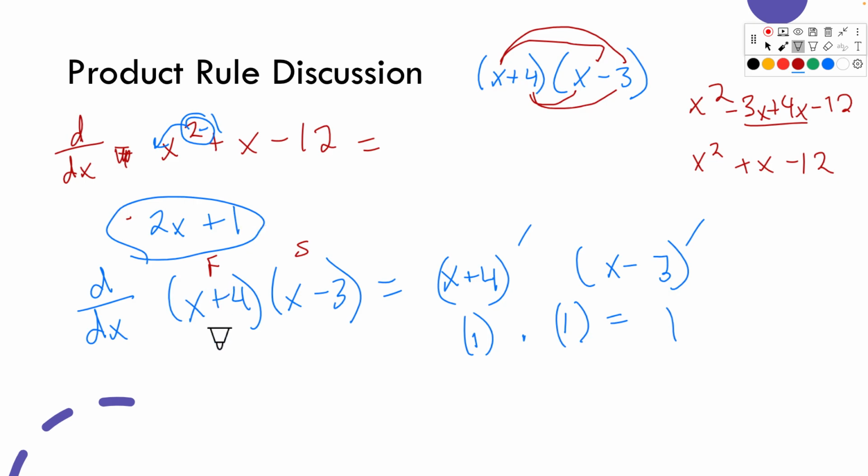What if we took the derivative of the first one and then multiplied by the second one, but we didn't take its derivative? And then we added to it the first one, which we didn't do anything to, and we multiplied by the derivative of the second. You'll see that this works, but it's just kind of like, how did they come up with that? They probably tried a bunch of different things, but we know what the answer is because we've multiplied out. The thing is we're going to want to know this rule, how it works in general.